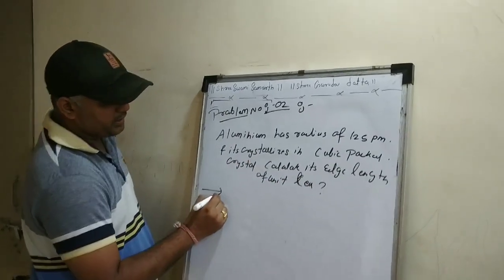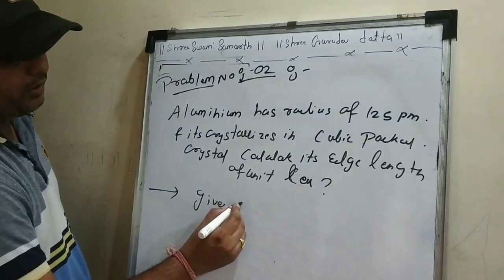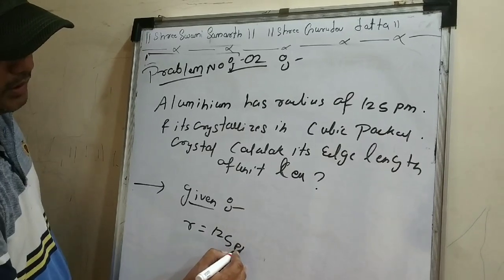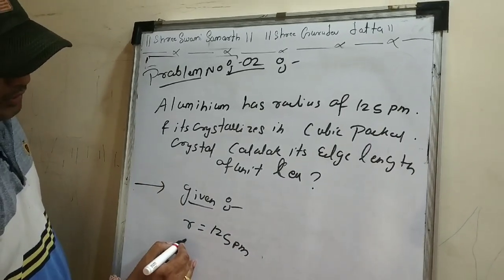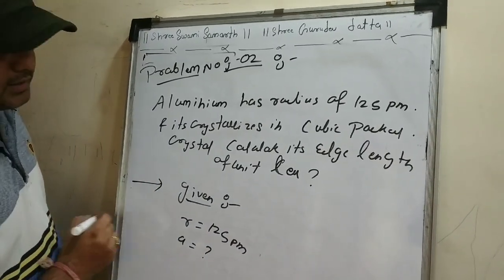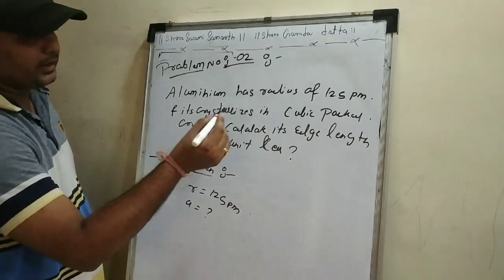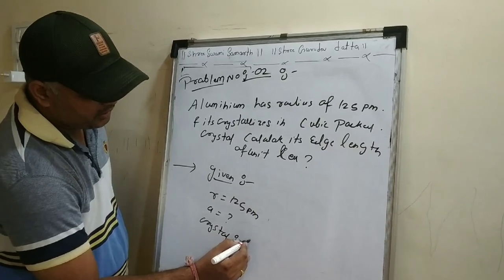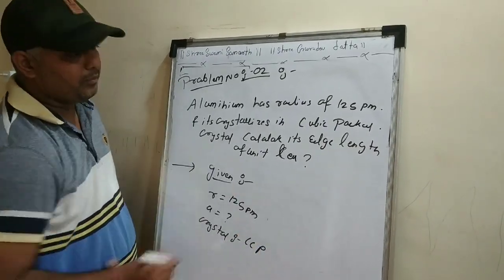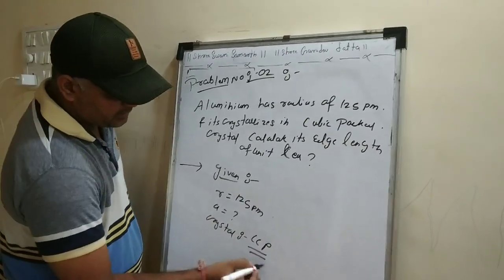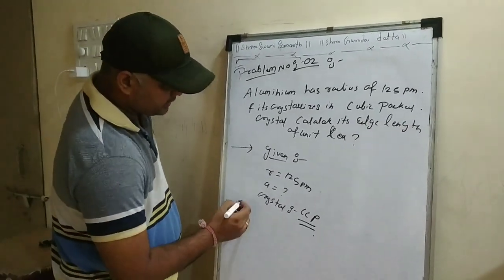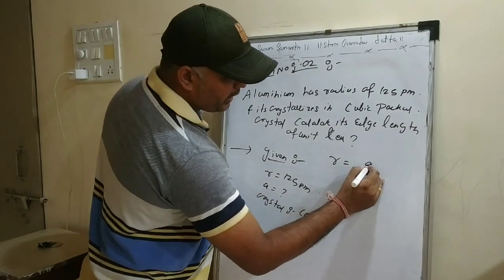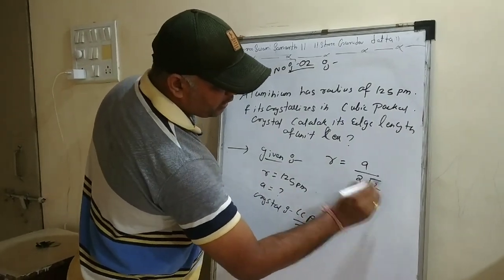Right? So here in this case, again we will write down the given. What is given? Given is radius 125 picometer. Then we need to find out the A, that is the edge length of the unit cell. And then what kind of a crystal it is? It is a cubic packed structure, right? So in this case, we also need to calculate the value of R. R will be A by 2 root 2.